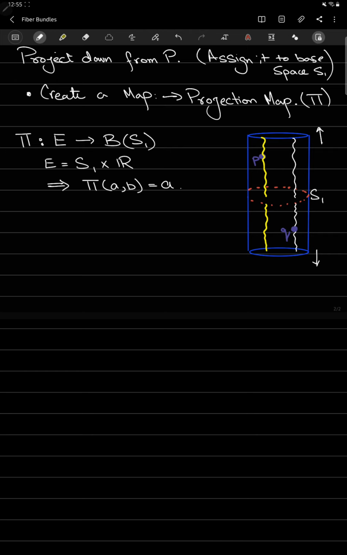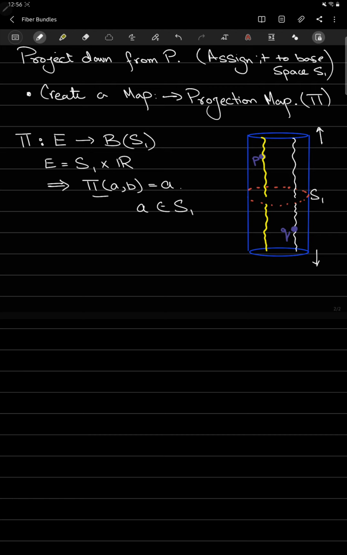Because we know that if I give the points A and B to this map, you would go from this point B on this real line and project it down to get a point A on this circle, because remember A belonged to S1.